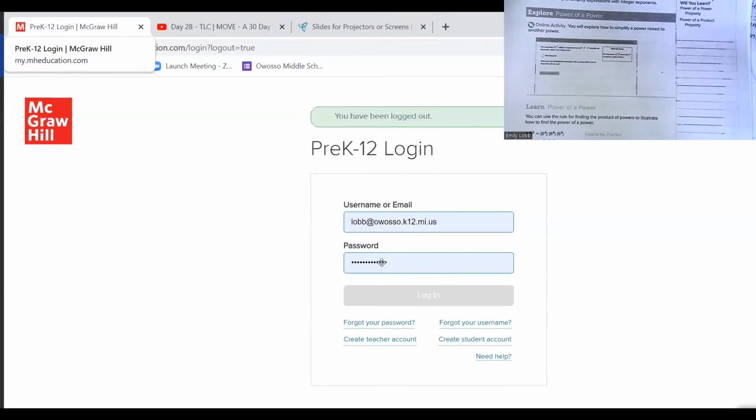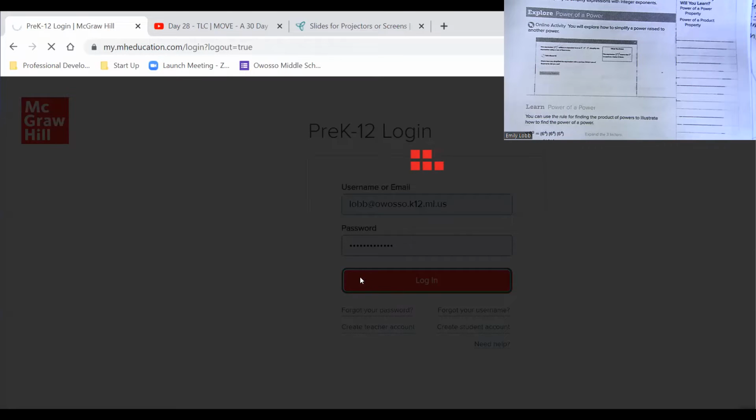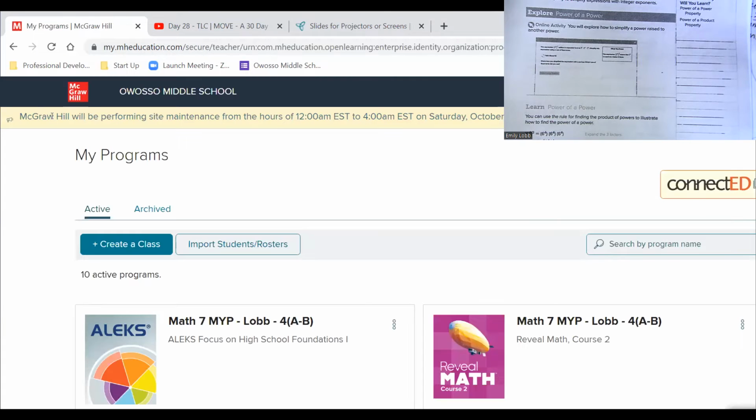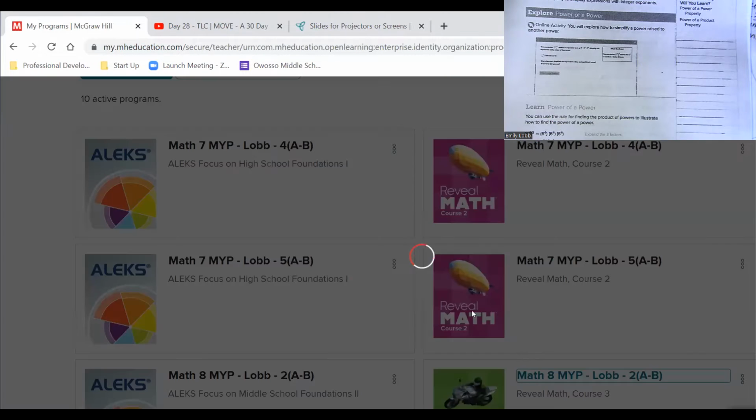Right now we're recording, so it's helpful if you are doing your best to stay quiet. Remember, when you log into Clever, you click on the red McGraw-Hill app. That's how we get into Alex. So we're spending at least 10 minutes a day in Alex, and then we're working in our Reveal Math.